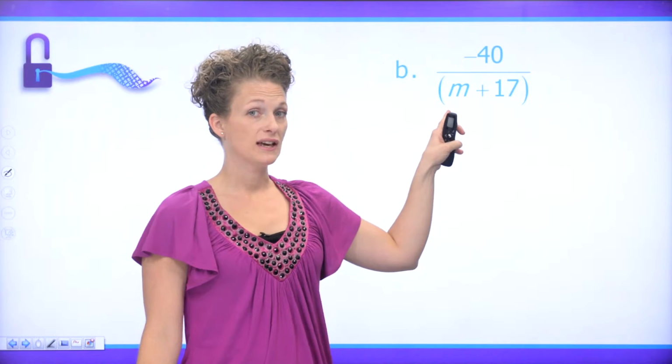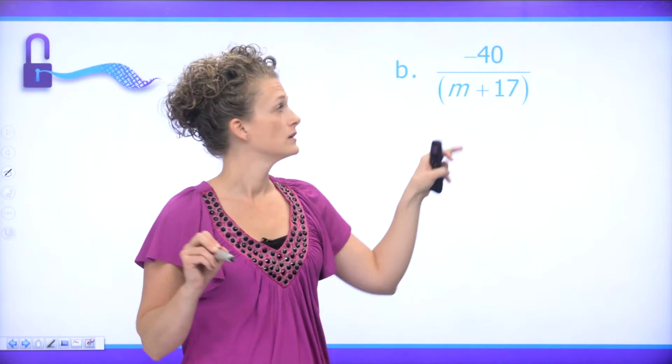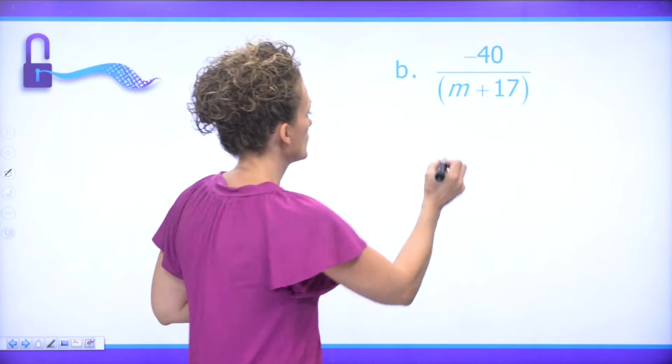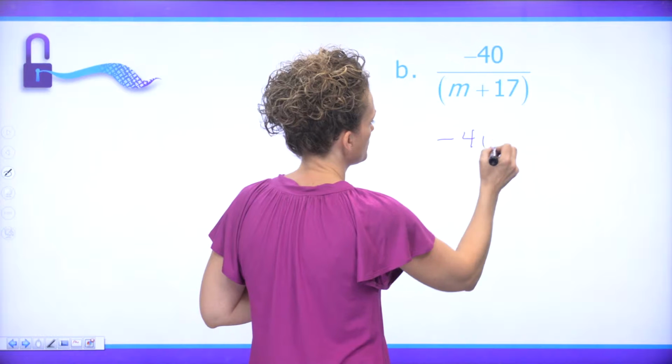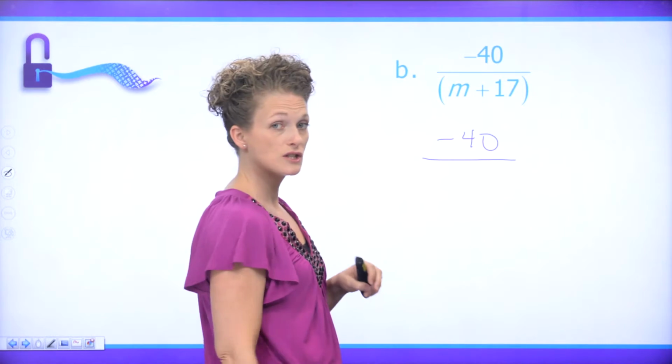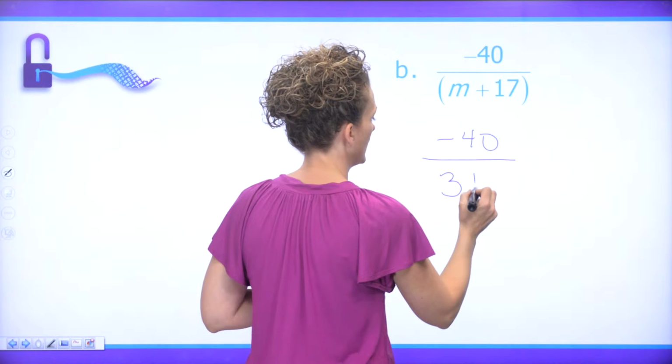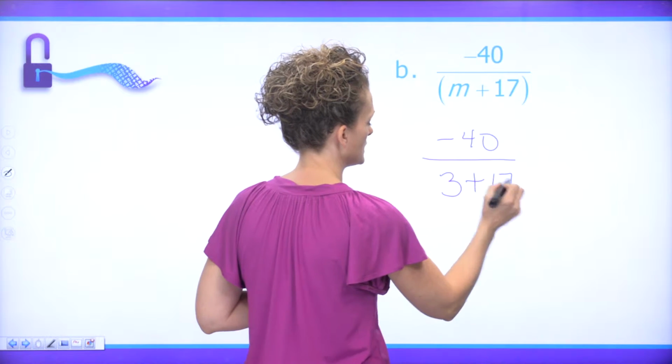Here we see m again. Now we're still going to use m equals 3, and so we're going to leave everything else alone. We're going to rewrite it. We're going to have negative 40. We're going to substitute 3 in for m, and then we have plus 17.